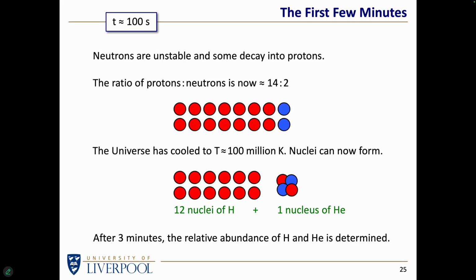When we look out into the universe and ask ourselves, of all the gas that's out there, how much is hydrogen and how much is helium? The prediction here is that it should be 3/4 hydrogen by mass and 1/4 helium. And that is indeed what we see. Now, yes, of course, stars are slowly fusing hydrogen into helium.